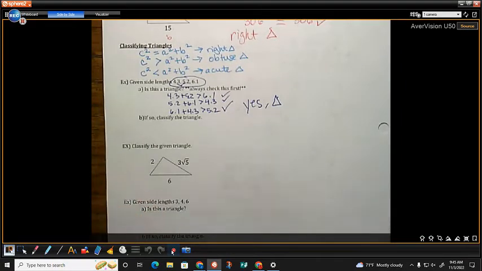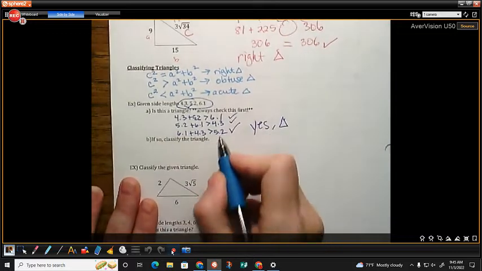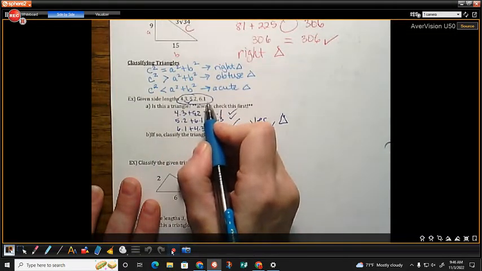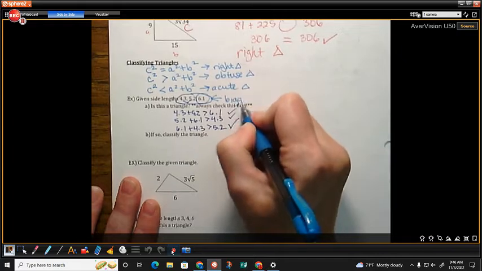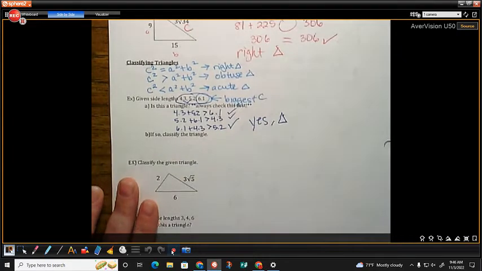Okay? So now we need to classify it. Now that we know it is a triangle, how do we test what kind it is? You're going to use the formula, and I'm going to put this, which one gets to be C? The 6.1, the biggest is always C. So I'm going to put that in there.